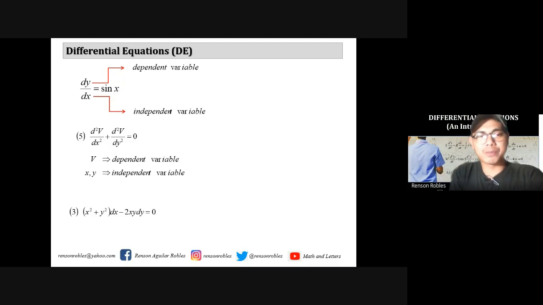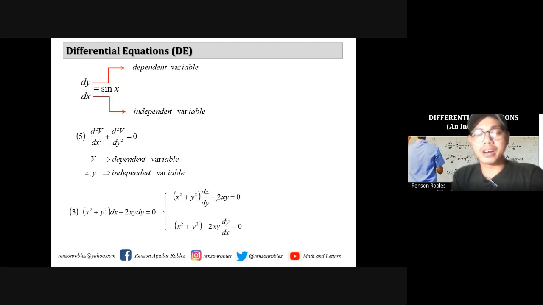Now, if we manipulate this equation, we can have the quantity x squared plus y squared dx dy minus 2xy equals 0, or the other way around, x squared plus y squared minus 2xy times dy dx equals 0.